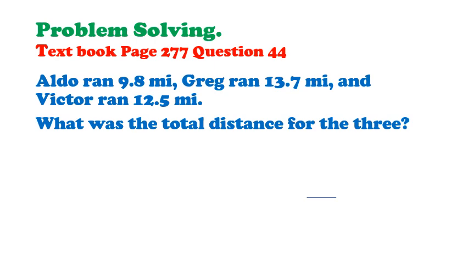What was the total distance for the three? To find the total distance of the 3 boys, we need to add up the distances. I'll add up 9.8 plus 13.7 plus 12.5 and find the sum.